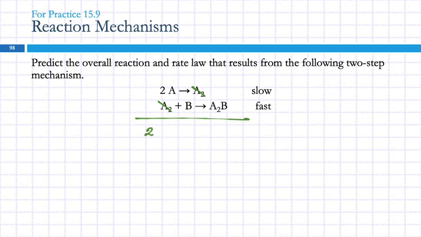So we want to get rid of any intermediates, which is kind of like getting rid of spectator ions. So we have 2A plus B is going to make A2B. So that's the overall reaction. Any questions about that?